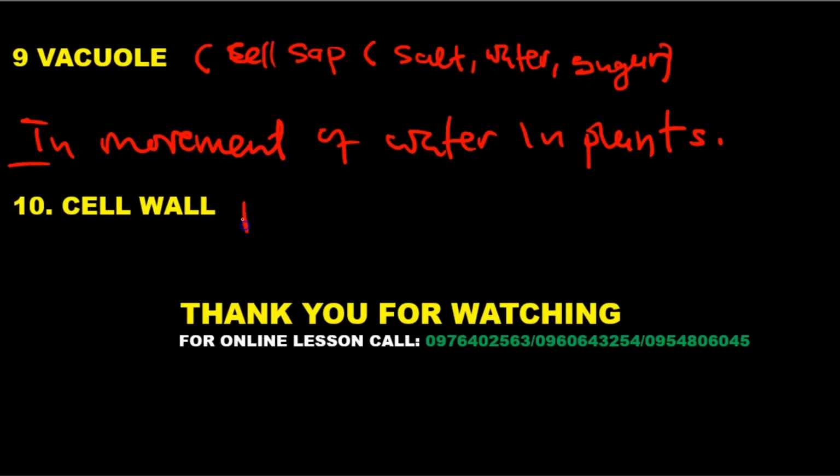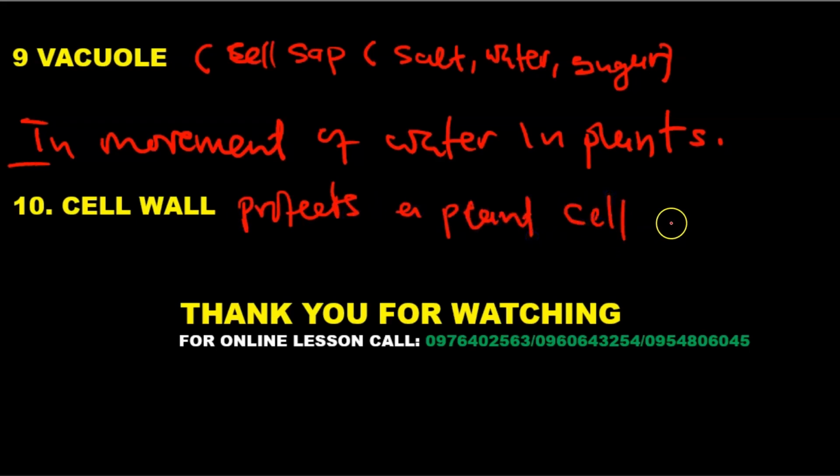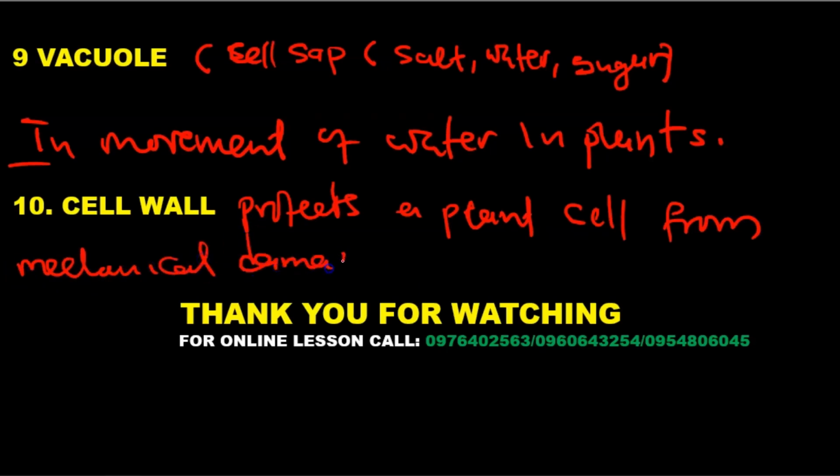A cell wall protects a plant cell from mechanical damage. You might even find questions as we start looking at cells asking which part of the plant cell protects it from mechanical damage. It is the cell wall.